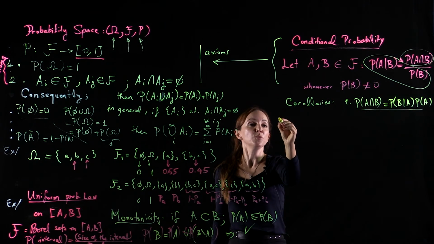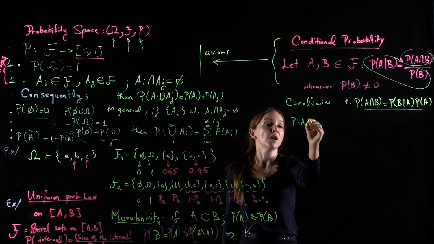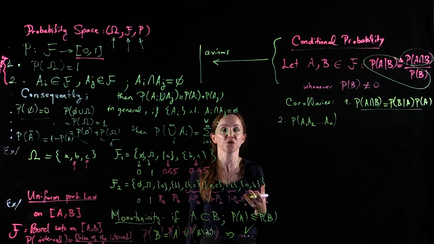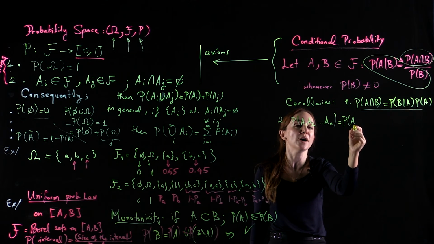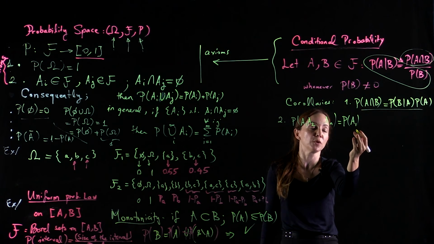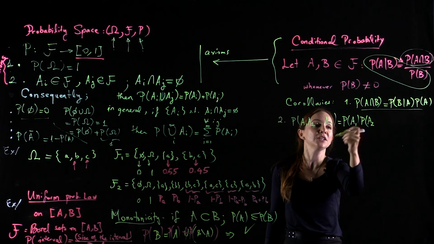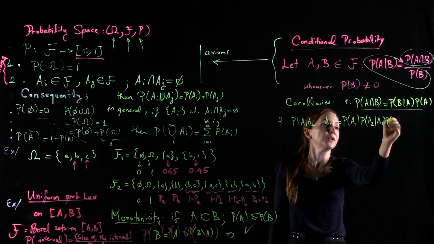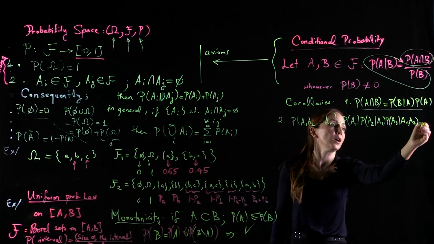Secondly, as an extension to this, the probability of A1 intersection A2 intersection ... intersection AN, the probability of an intersection of a bunch of events, like a chain rule, can be found by multiplying the probability of the first one, multiplied by the probability of the second one conditioned on the first one, multiplied by the probability of the third one conditioned on the first two, and so on.